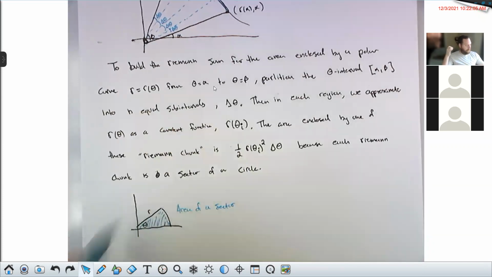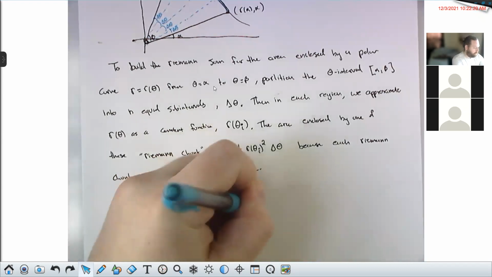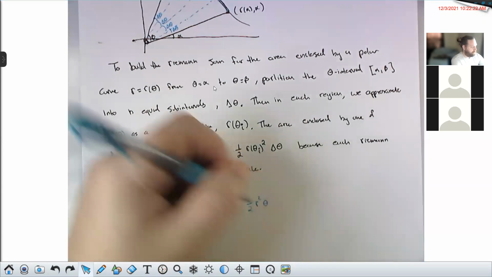If you go all the way around the circle, that should give you pi r squared. You also know it should be a linear function of theta. If you cut the angle in half, the area should go down by half. So it's a linear function of theta that gives pi r squared when theta is 2 pi. There's only one of those, and that's 1/2 r squared theta.